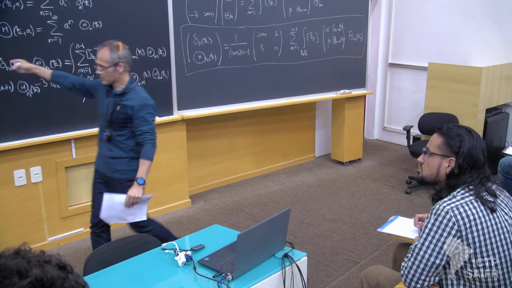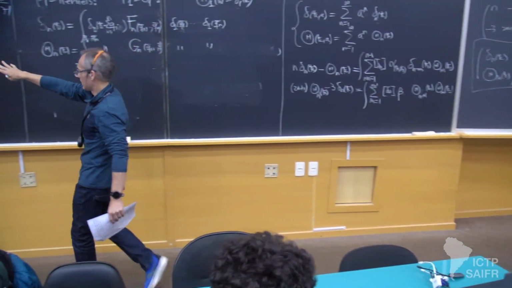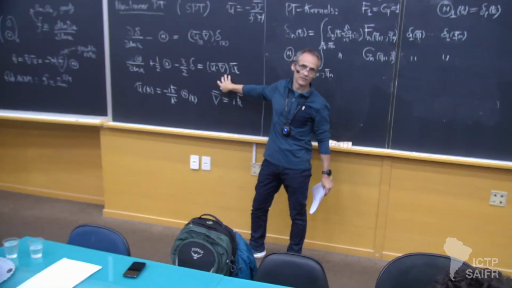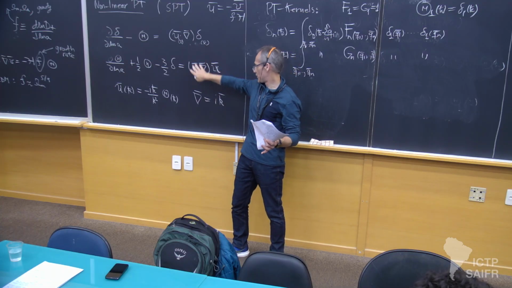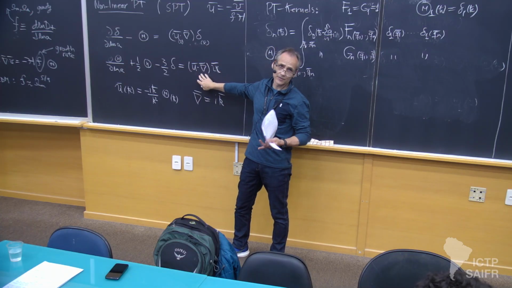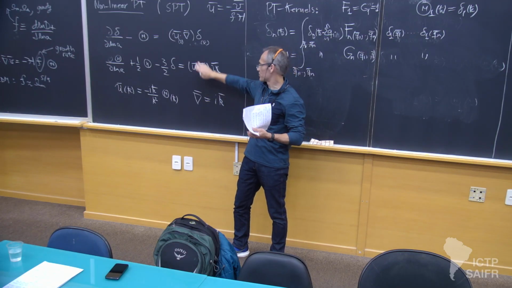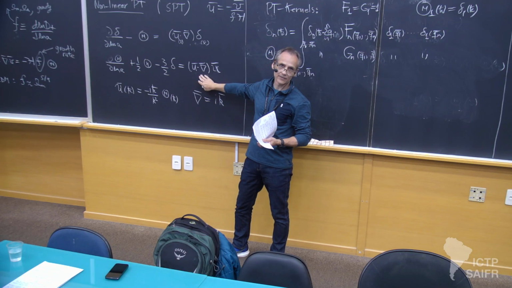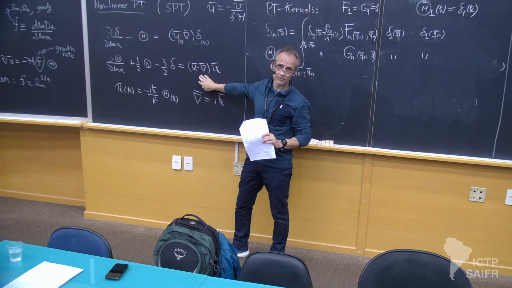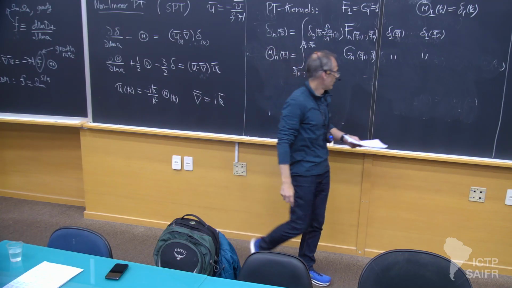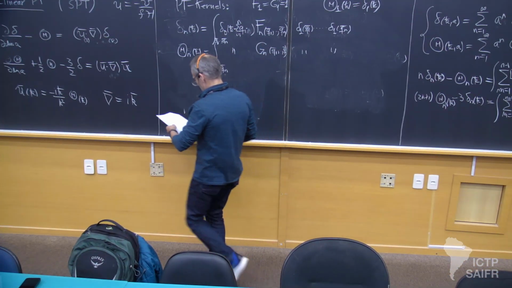Because remember, the equations have only quadratic nonlinearities. So just by looking at the second order kernel, the physics of these nonlinear terms is already there. What higher orders will do is to improve the description of these quadratic nonlinearities, but there will be no new physical effect after n equals 2. So that's very important.